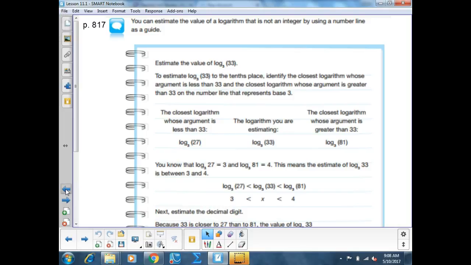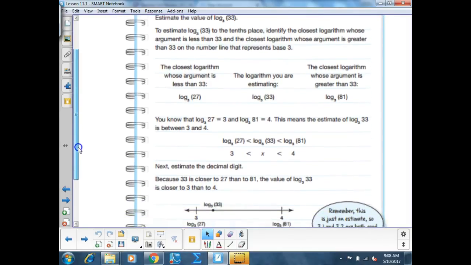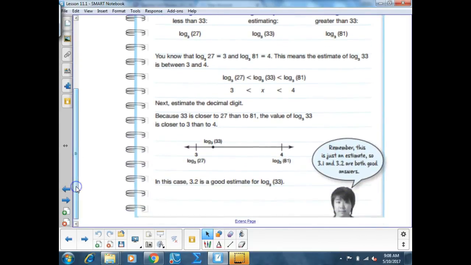We estimated that to be somewhere between 3 and 4, and closer to 3 than 4, so we gave that 3.1, 3.2, 3.3 range as an estimate. Now, estimates are great.